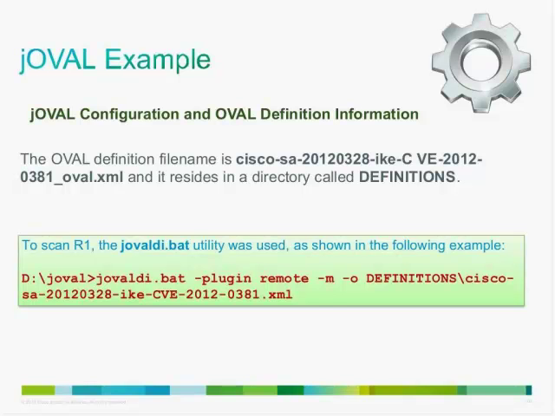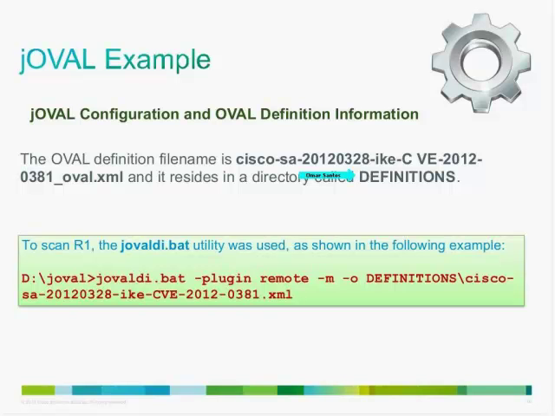Now, the tool that I mentioned that we're going to be using is Jovel. In this example, the XML file, or the OVAL definition file name, is this one right here: the security advisory, the CVE identifier, and OVAL and XML. The file resides in a directory on that machine called definitions. If you look at the actual Jovel command, jovaldi.bat is a batch file used by Jovel to do the assessment.